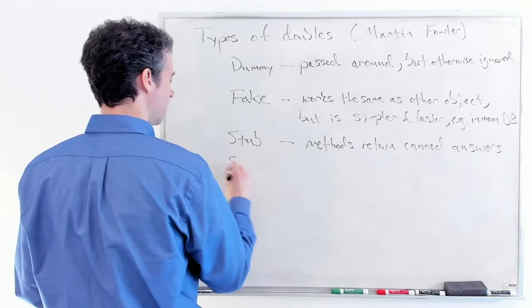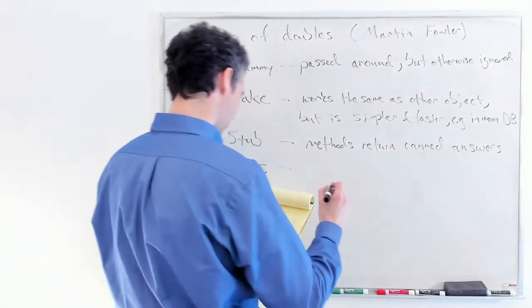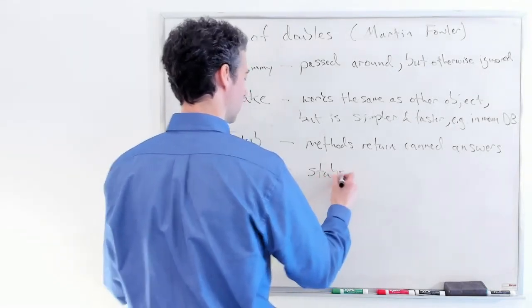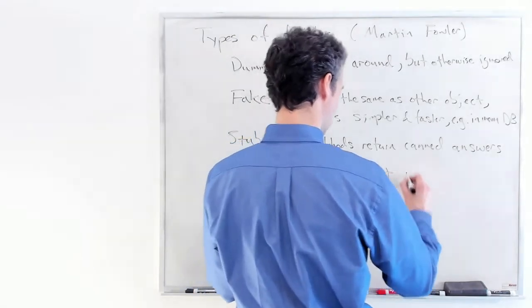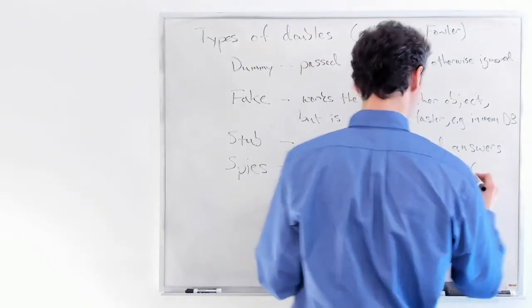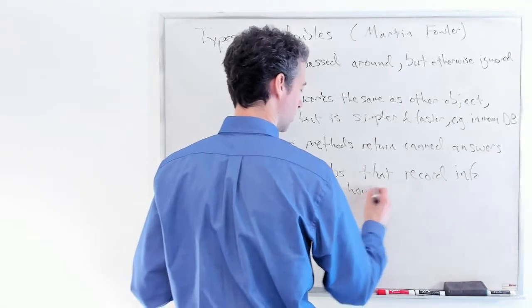All right, then there are these doubles which are called spies. Now spies are like stubs, but they also record various info about how they are used.